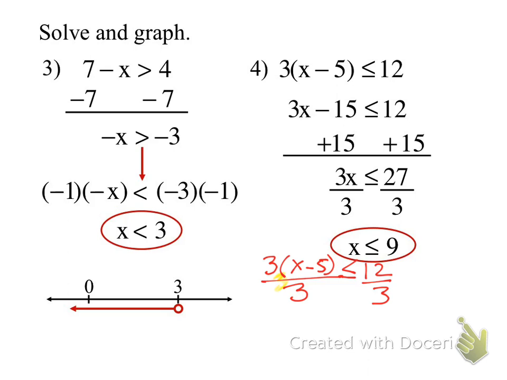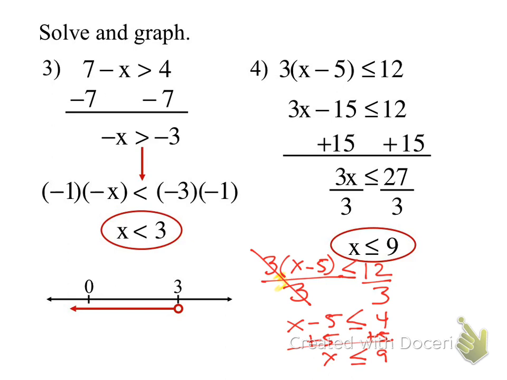I noticed that 12 was divisible by 3, so I can divide there. I'm left with x minus 5 is less than or equal to 4. Add 5. x is less than or equal to 9. Did anybody do it that way? Everybody distributed? Okay. Well, it's just a way.